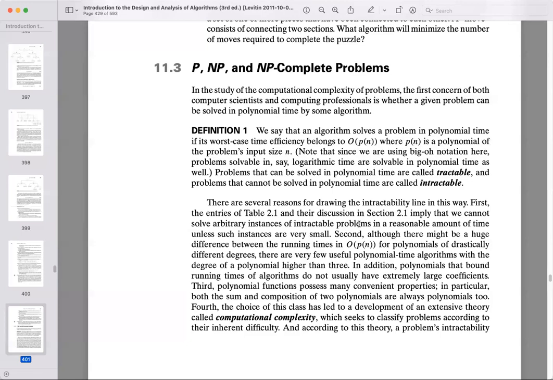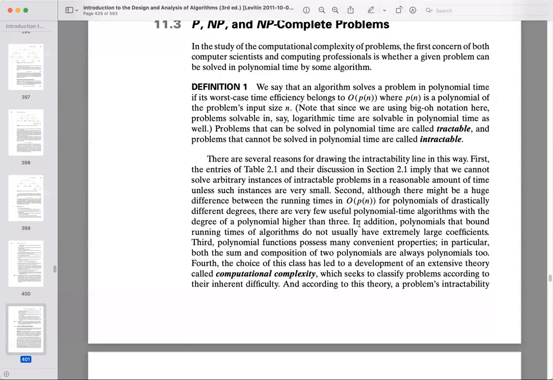Again, it goes through how polynomials don't tend to be super gigantic, and that it just turns out to be a convenient way to do things. Polynomial functions also have many convenient properties. The sum and the composition of two polynomials are always polynomials too.